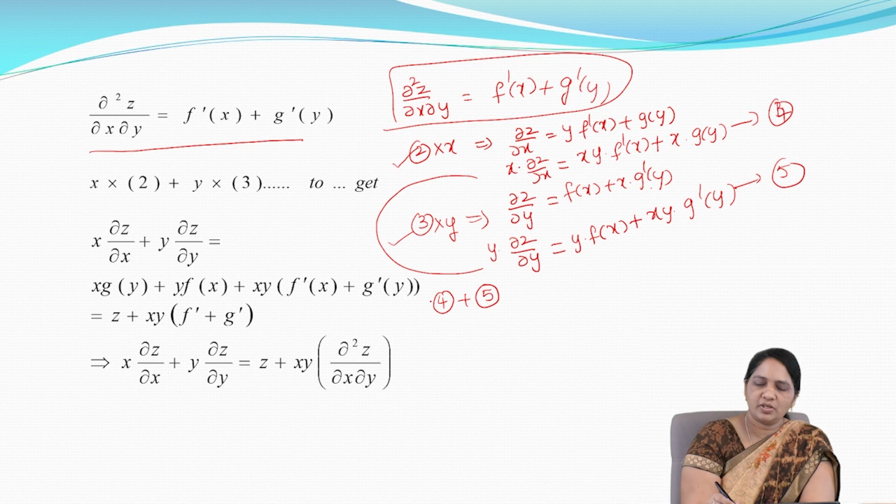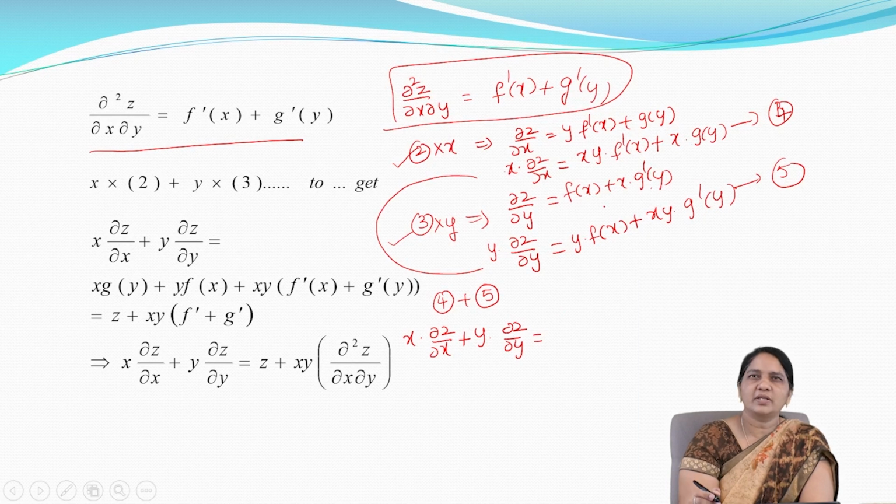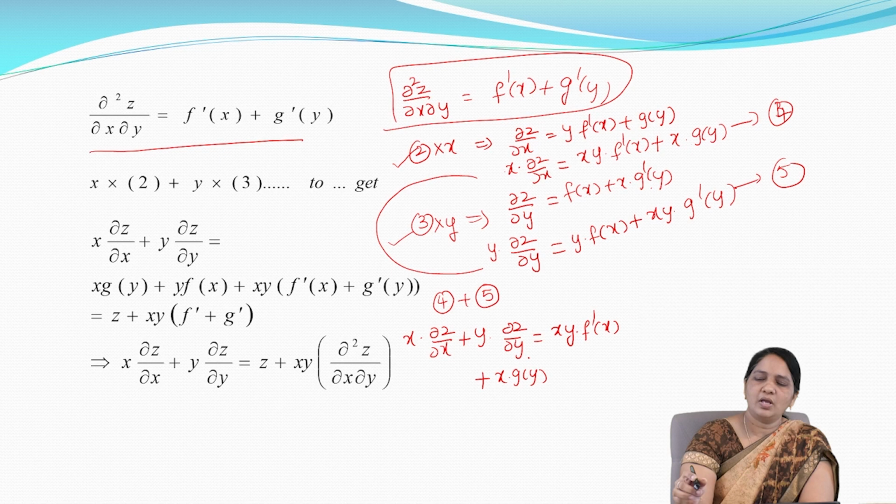What is equation 4 here for the LHS part? x ∂z/∂x + y ∂z/∂y equals, and the RHS part I am going to add now. So xy f'(x) + x g(y). This is equation 4. Now equation 5 I am taking: plus y f(x) + xy g'(y).